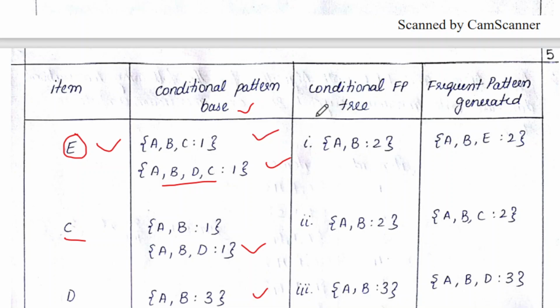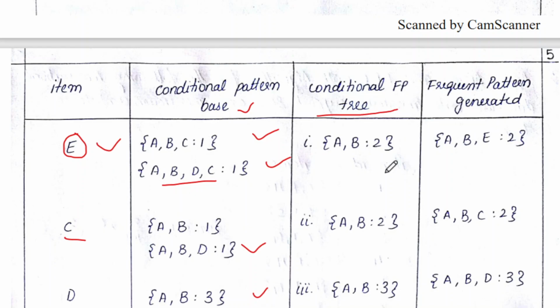Next step is to write the conditional frequent pattern tree. How to write it is very simple. We just write the common items in the particular item sets.